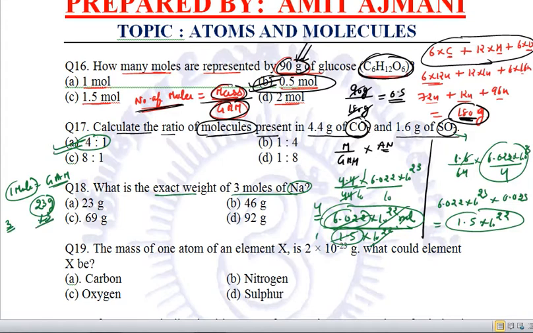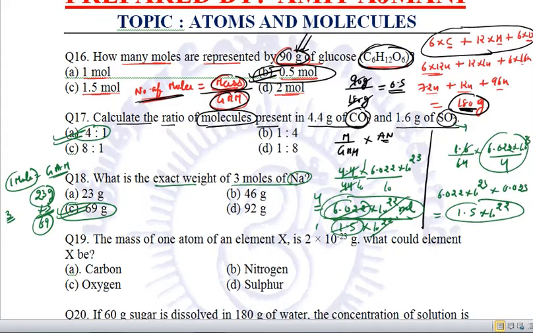It will be 23 multiplied by 3, which comes out to be 69 grams, and 69 grams is our C option. So the exact weight of 3 moles of sodium will be 69 grams. C will be the right answer. Got it? Coming to the next question.